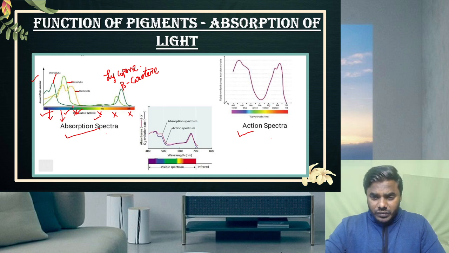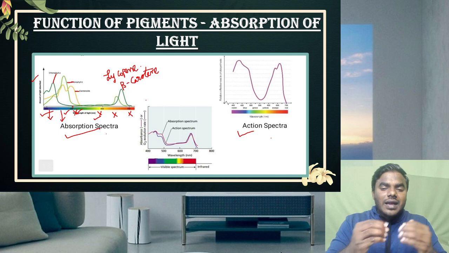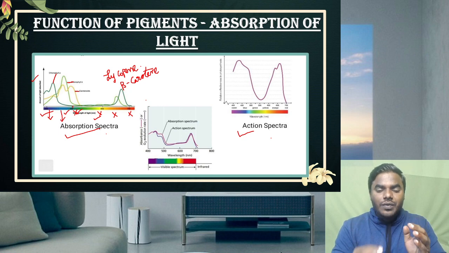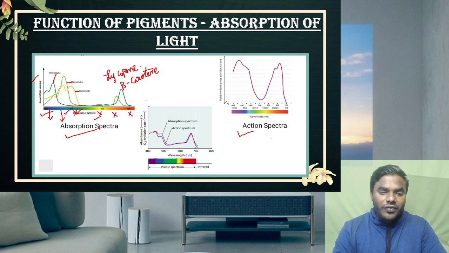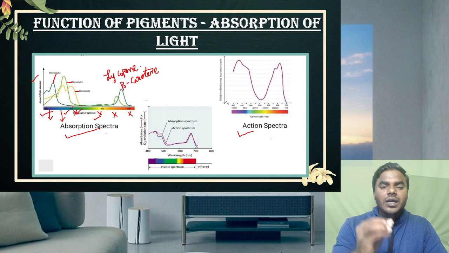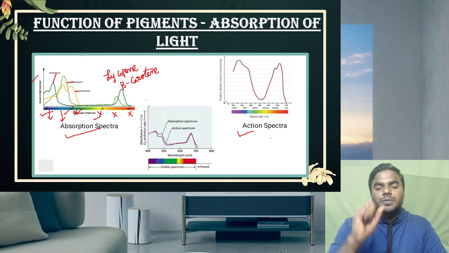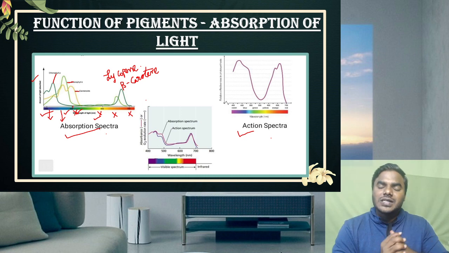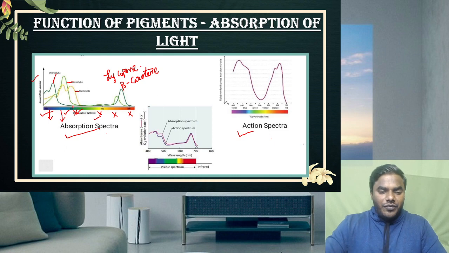Now action spectra. See friends, once again, keep it in your mind. In the absorption spectra, we gave importance to the pigment: I defined at which particular wavelength the particular pigment absorbs the light. So everything is with respect to the pigment. And friends, please don't confuse here.